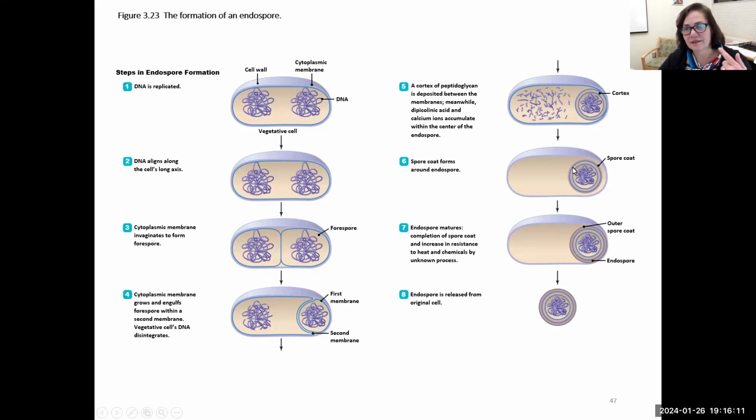There's the cell membrane, there's peptidoglycan, there's the spore coat, there's another outer coat, and then this thing, almost indestructible. And then we wonder, why can't we get the hospitals clean enough that the patients don't keep coming down with C. diff? It's because of this structure right here. It's almost impossible to get rid of.